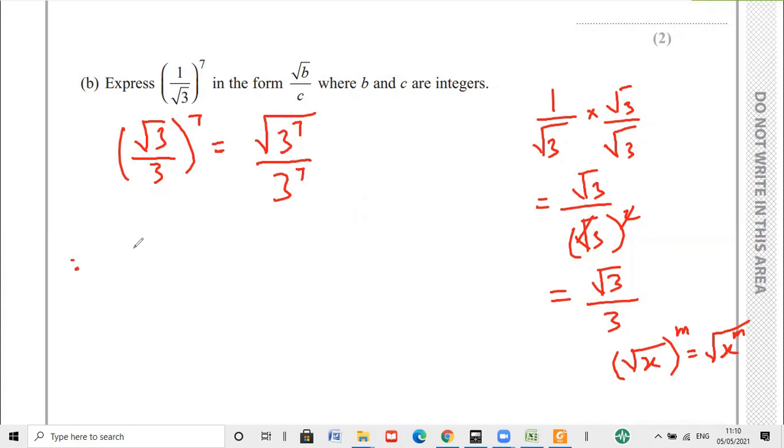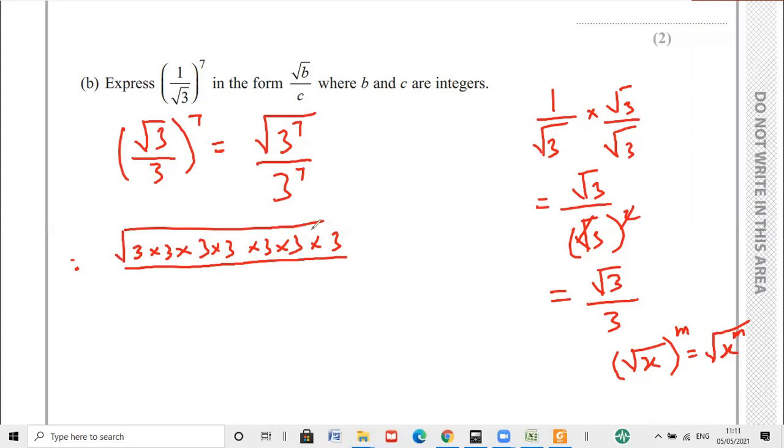On the top, I can write 3 times 3 times 3 times 3 times 3 times 3, and all of that is in the square root. And in the bottom, there is 3 times 3 times 3 times 3 times 3 times 3 times 3.